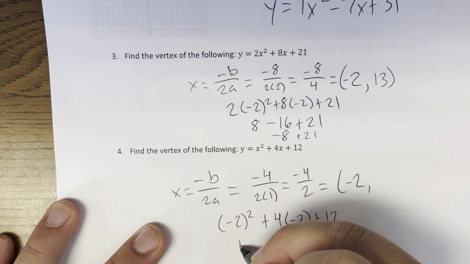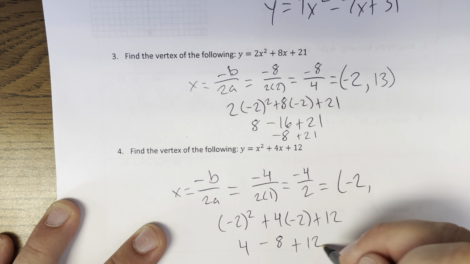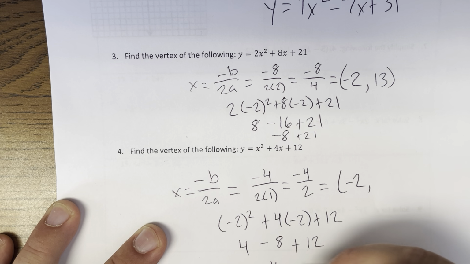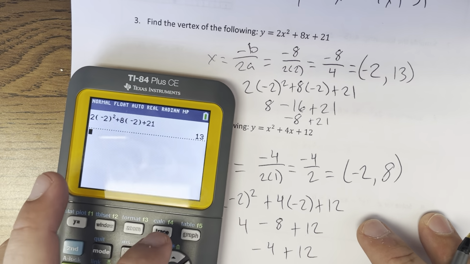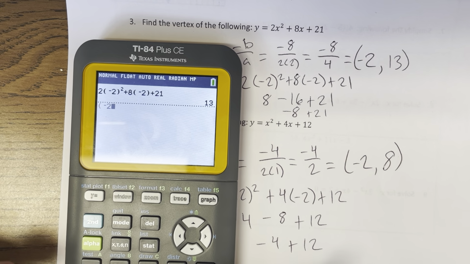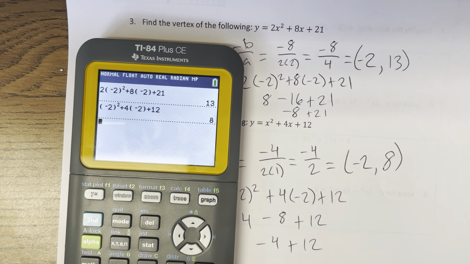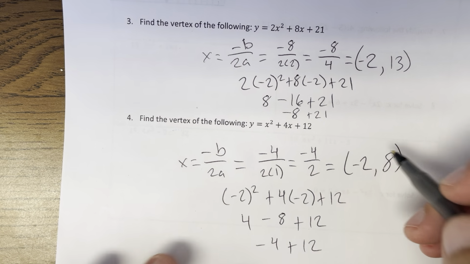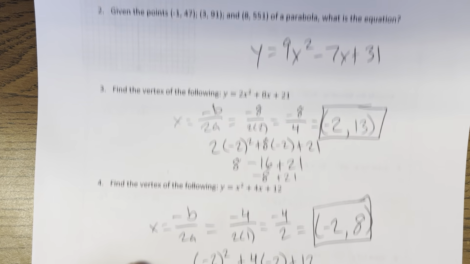Again, we could go into our calculator, but 4 minus 8 plus 12, that's -4 plus 12, which is 8. Just to make sure, I'll check in my calculator: -2 squared plus 4 times -2 plus 12, 8, that checks. So those are my vertex points for the equations.